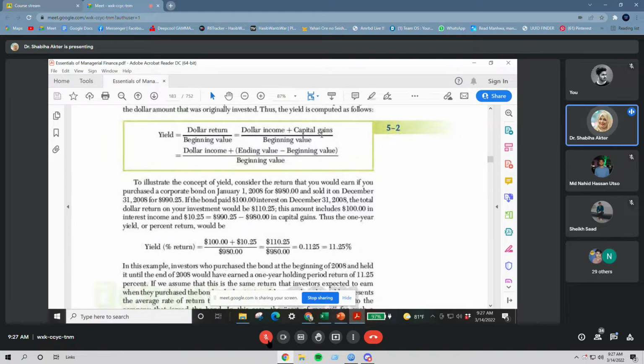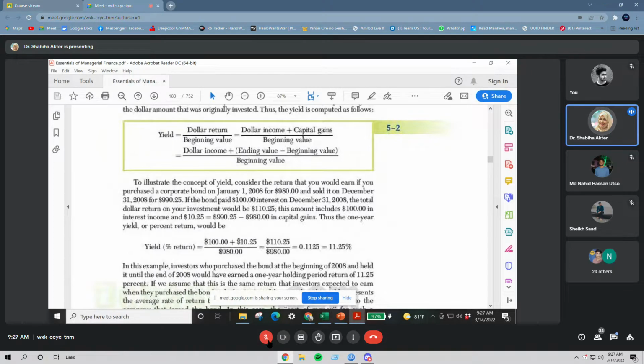What about the capital gain? I told you that is the difference between the ending value and beginning value. So you purchase the corporate bond at $980, but you sell that at $990.25. So what will be the difference between these two? $10.25.